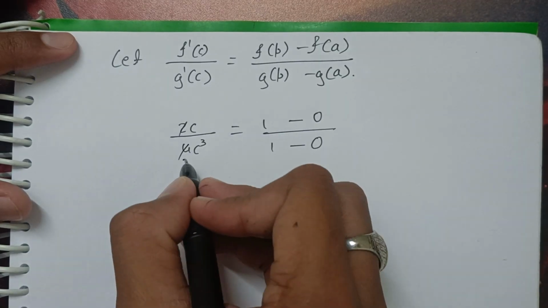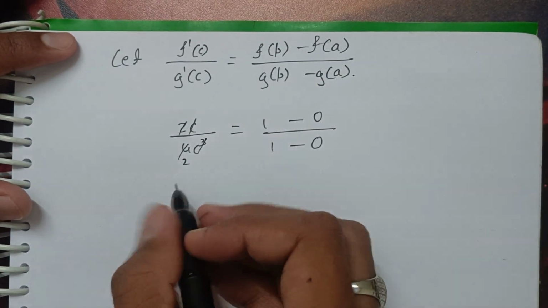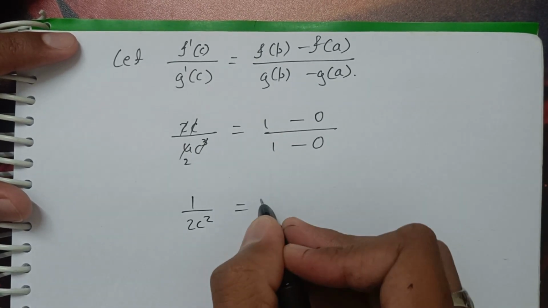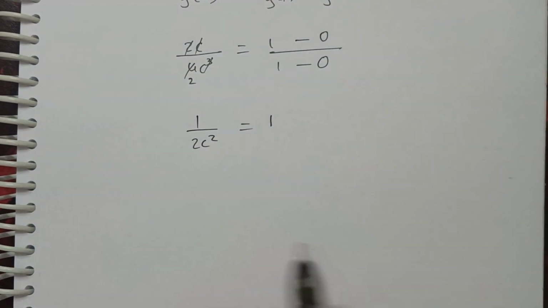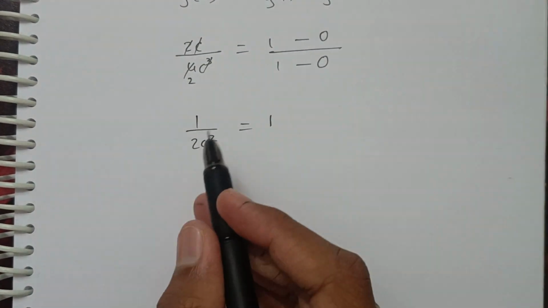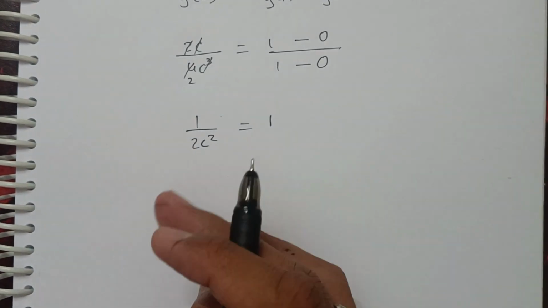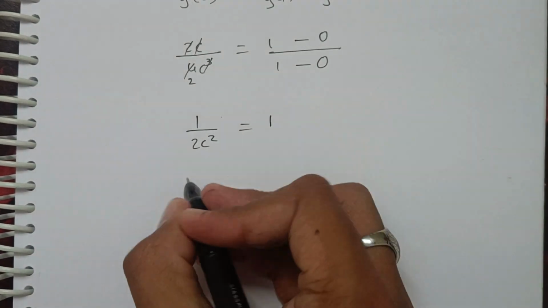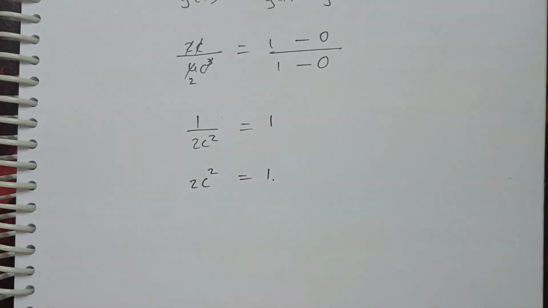2 ones are 2, and 2c over 4c cube becomes 1 by 2c square, which is equal to 1. So the 2c square is in the denominator, so we have to take it to the upper side. We swap both sides, and it will become 2c square is equal to 1.